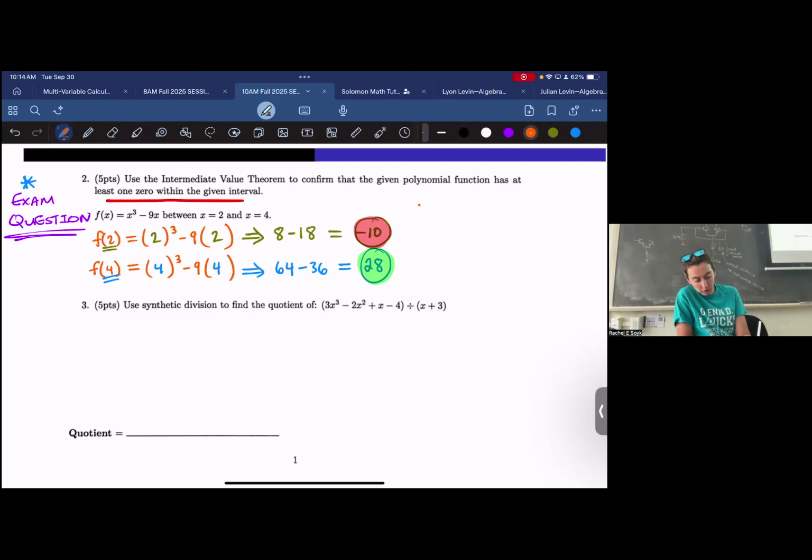Therefore, by our intermediate value theorem, or I.V.T, we have at least 1 0 between our x is equal to 2 and x is equal to 4 because f of 2 and f of 4 are opposite signs.